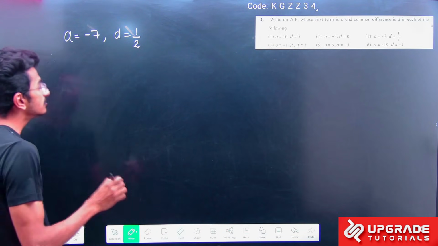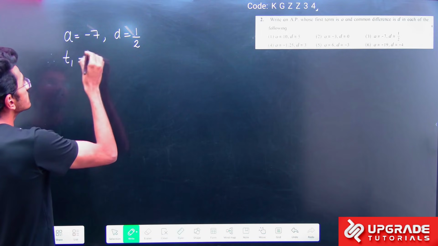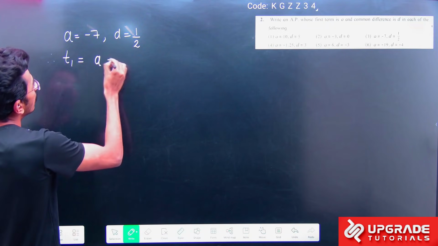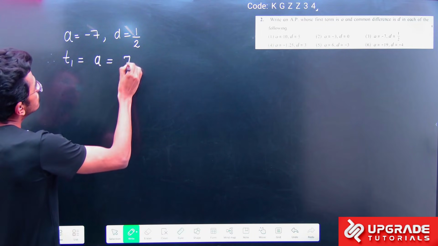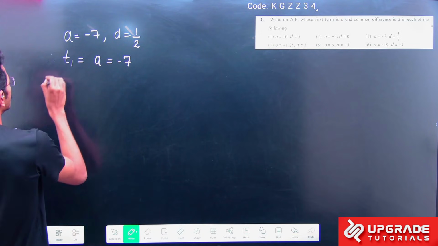What does first term mean? Symbol T1. T1 means first term. First term is always A, which is equal to minus 7. What does second term mean?